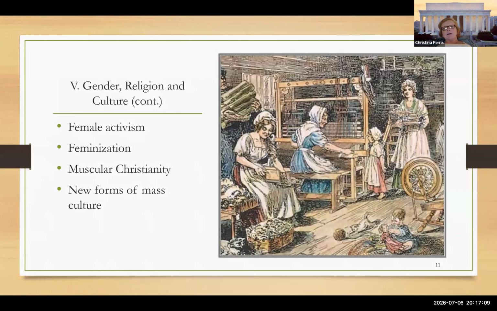On slide 11, we have female activism, which meant women worried, or men worried about their own masculinity because of this female activism. To anxious observers, industrial capitalism was withering American manhood.